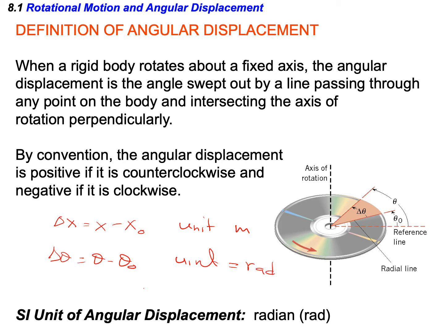We use rad, R-A-D. And 2 pi radian is equal to 360 degrees. So this is the relationship between degrees and radian. So 2 pi radian is equal to 360 degrees.